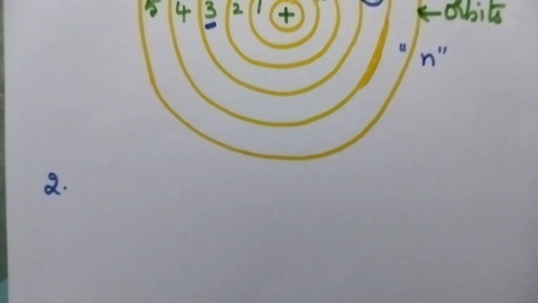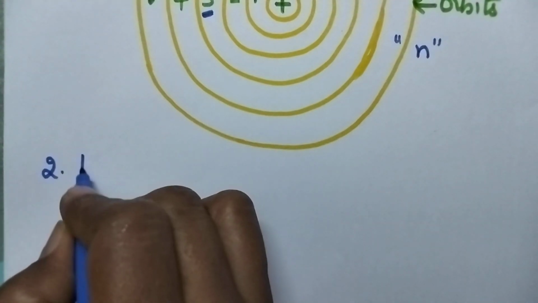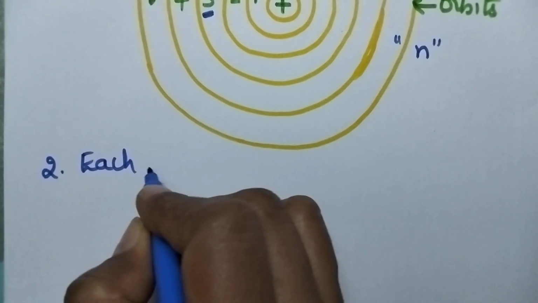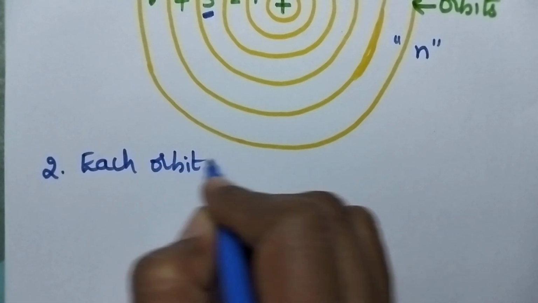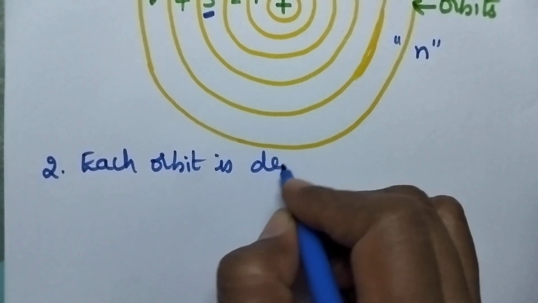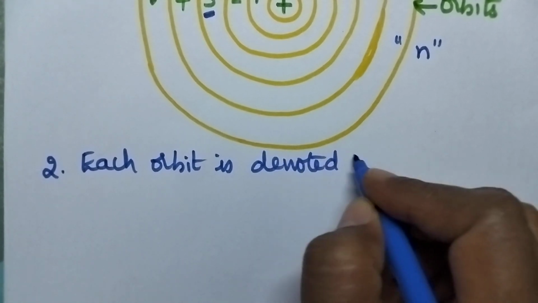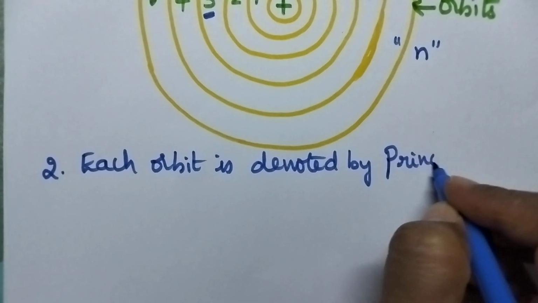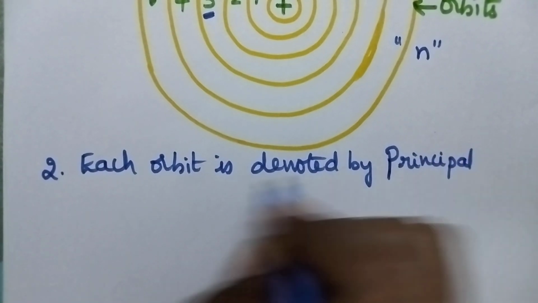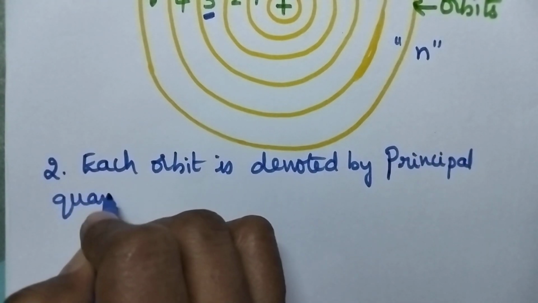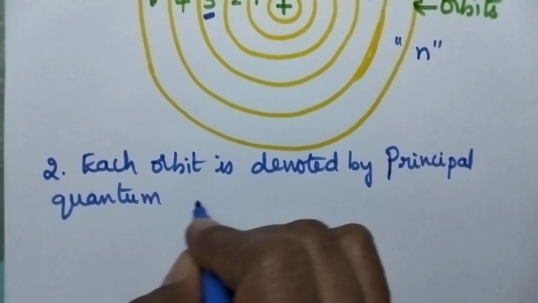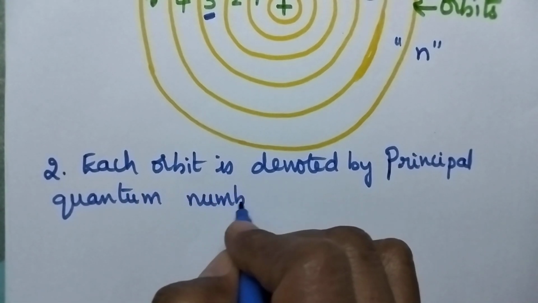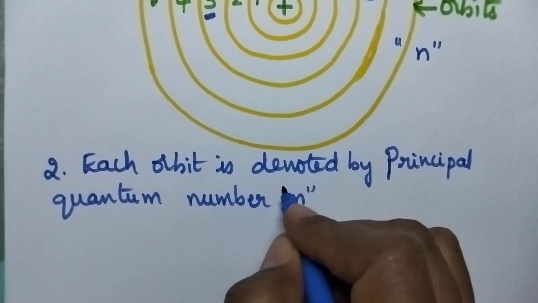So, according to Bohr, each orbit is denoted by principal quantum number small n.